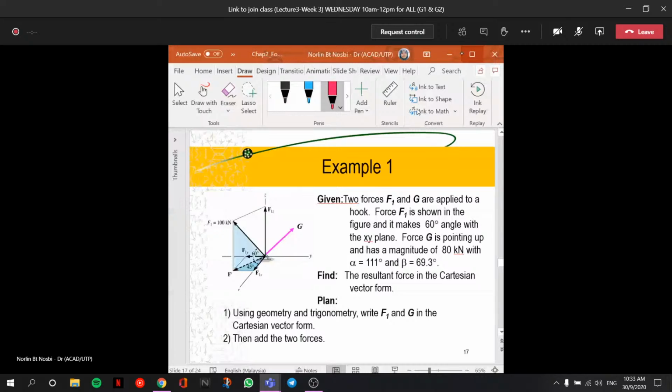So in our situation, it is in 3D. Make sure you look carefully. It is in a 3D form. And then the angles for G are just alpha and beta. So where is G pointed up to?